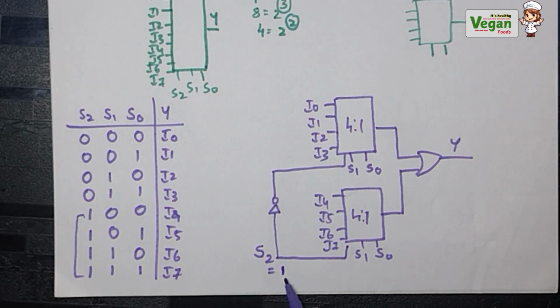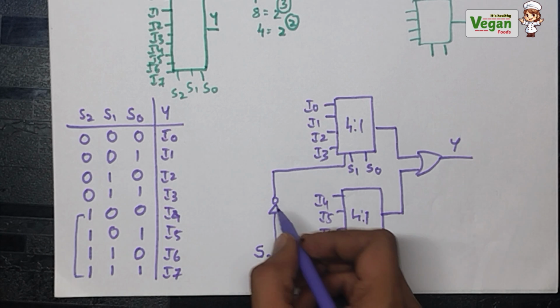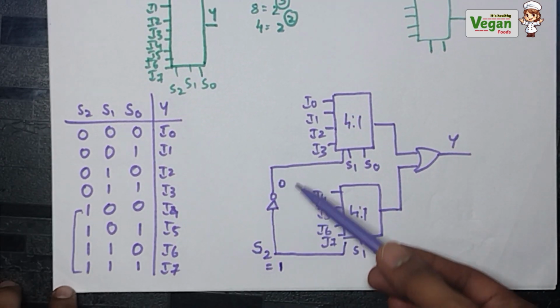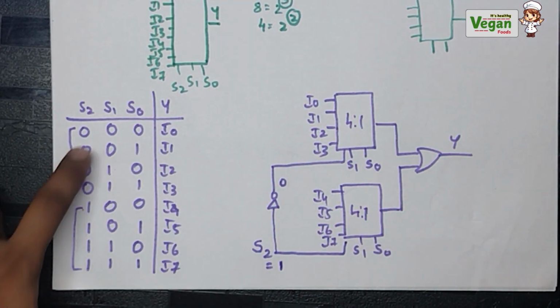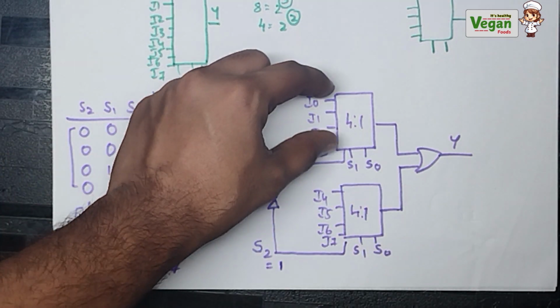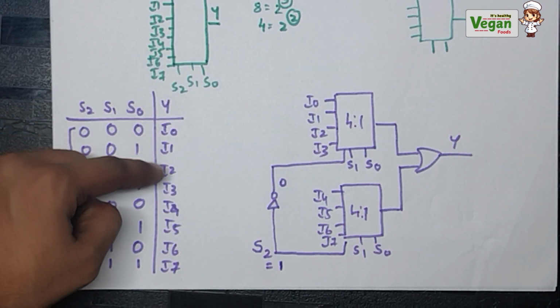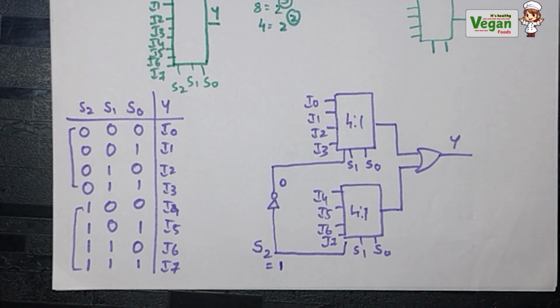Next, when I give 1 here, while going to this 4:1 multiplexer the value will be complemented. That is, if I give 1, it will be 0. So if the S2 value is equal to 0, this 4:1 multiplexer is activated, and from the inputs I0, I1, I2, I3, one output will come.